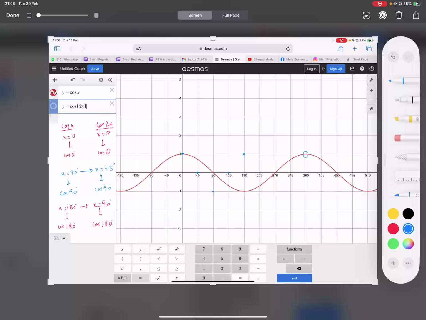And now that one complete cycle that we had from 0 to 360 degrees is completed in just 180 degrees. So when we have 2 times x here, the period of the graph, which was earlier 360, now becomes 180 instead. It's divided by 2.